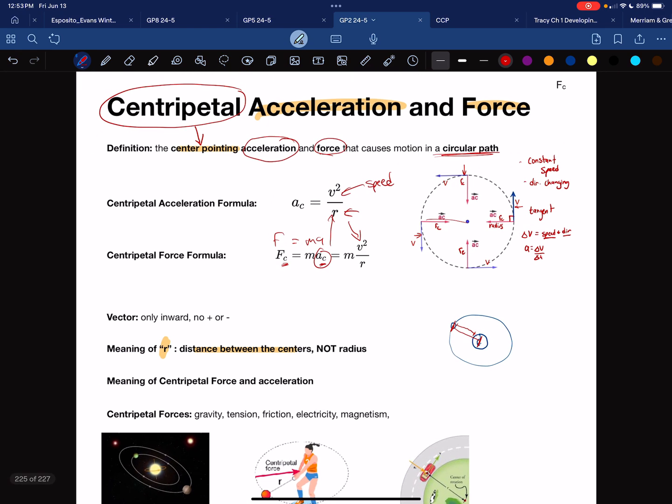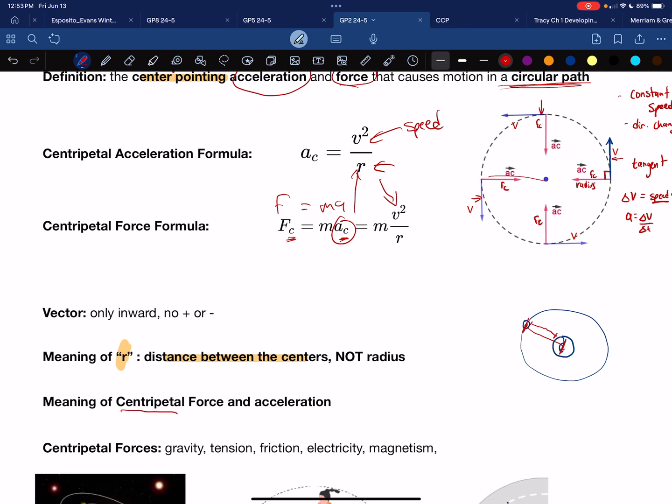So I want to talk a little bit more about the meaning of center pointing or centripetal force and acceleration. A centripetal force is not a new force. It's just an adjective to describe the geometry as center pointing.